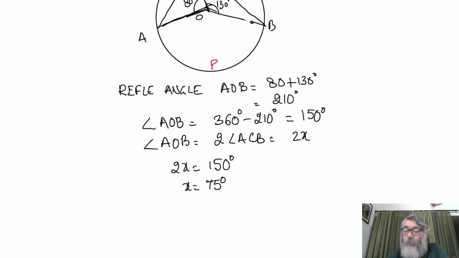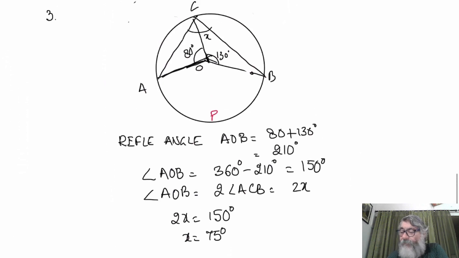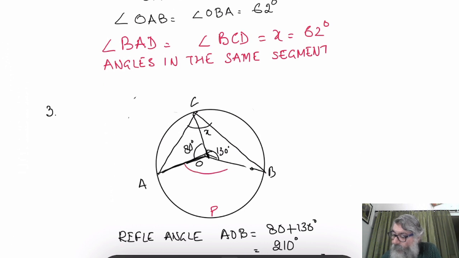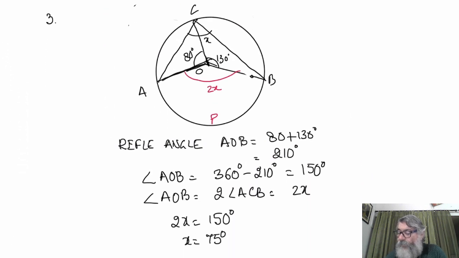And once we get AOB, already the angle at the circumference was given as X. Angle ACB was X. So this angle, let me give another color here and write it, will become 2x. And we calculated 2x as 150. So 2x is equal to 150. So x will be 75.